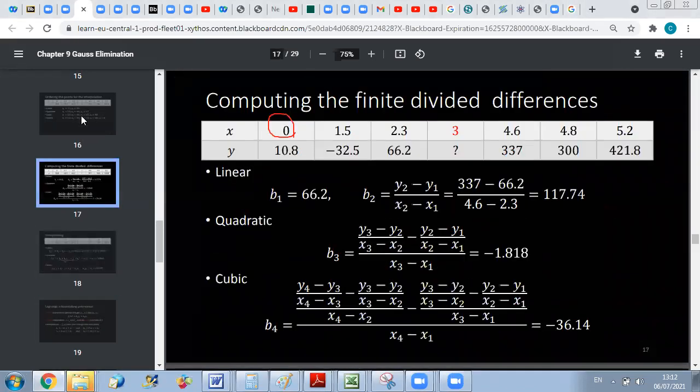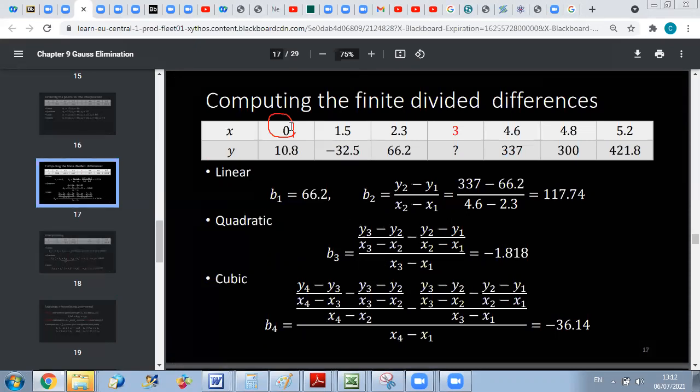So now, if we perform calculations on this example, we can find the values of B1, B2, B3, B4 by just replacing the x's and y's with their values.